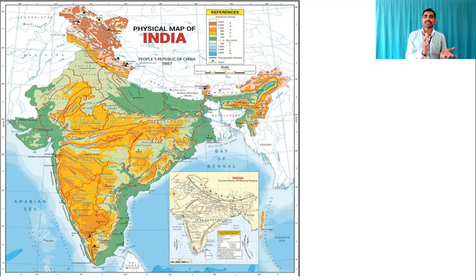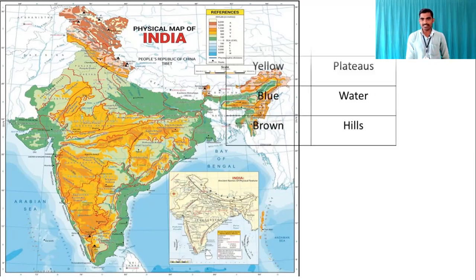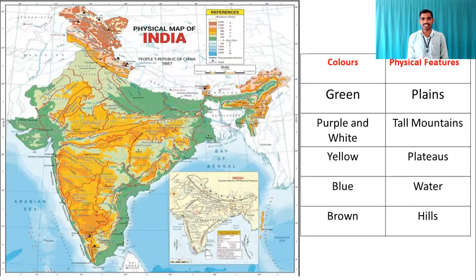So which particular color is used for showing a particular kind of physical feature? Here in front of you is a box. On one side you have the colors, and on the other side you have the physical features. So try to match these colors with the map of India provided here. First you have the green color.